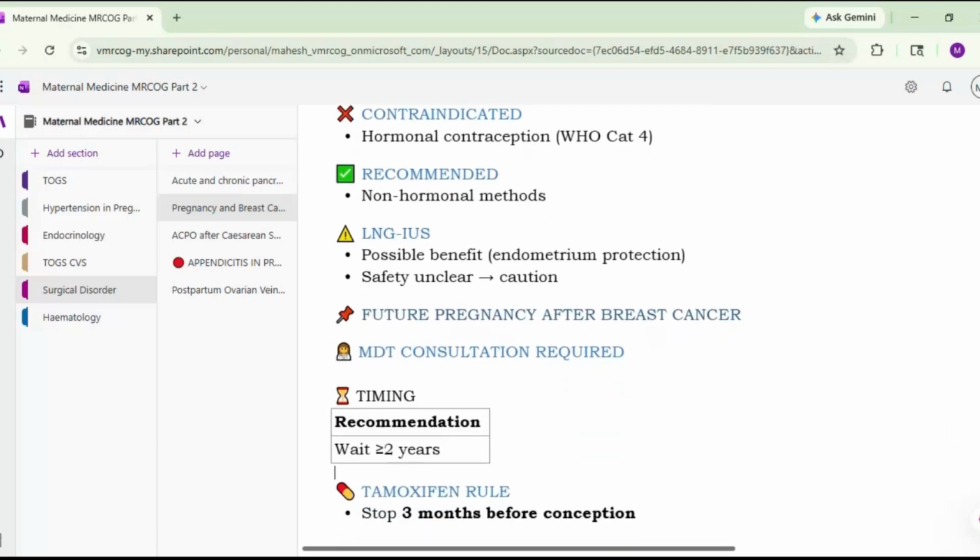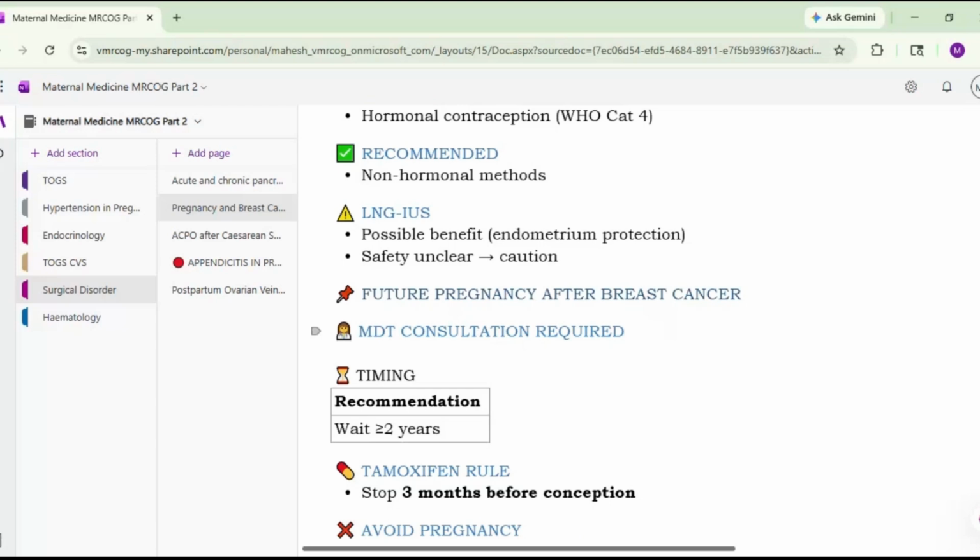Then future pregnancy after the breast cancer, MDT consultation is required. The patient should have completed the breast cancer treatment, and after 2 years the patient can conceive. So this also you should remember. After complete treatment of the breast cancer, the patient has to wait for 2 years.